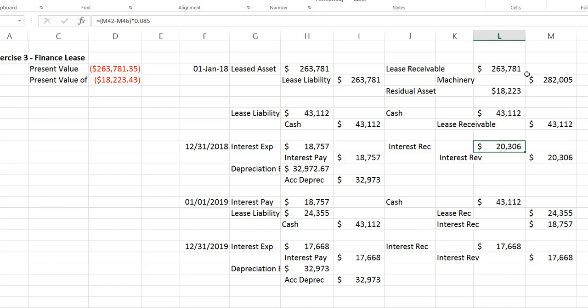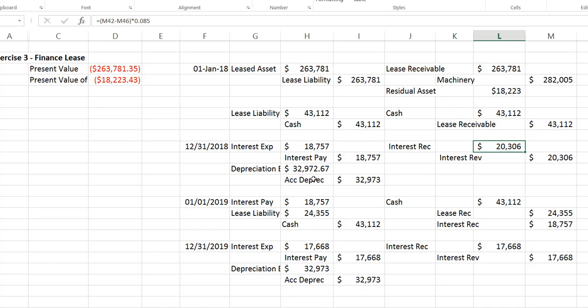It's based on the total of these two, not just on this lease liability. So this interest is based on this liability minus our first payment. This one is these two minus the first payment. Same interest rate, but it's going to be different. So this is a case where it's not the same on both sides.